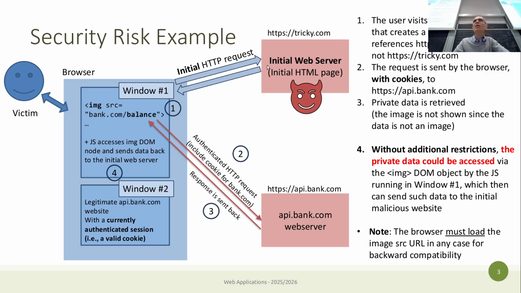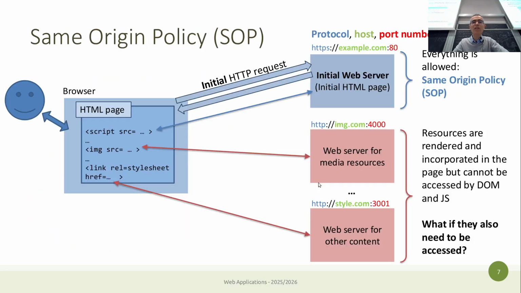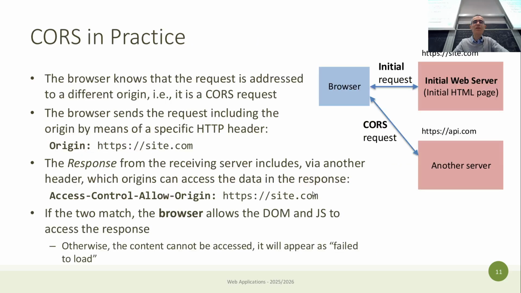But the browser sends the origin and checks the response of the server, and the server will not include other origins rather than one that is trusted. The browser will issue the request and get the answers, but it will not pass the answers to the DOM and JavaScript coming from the initial web server. That was the malicious one, right?